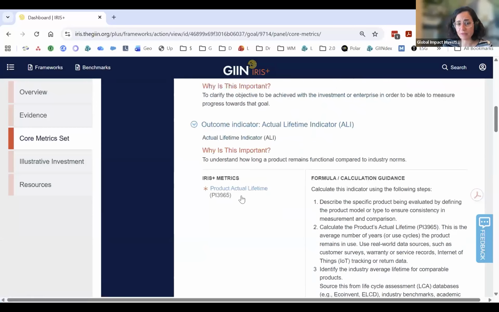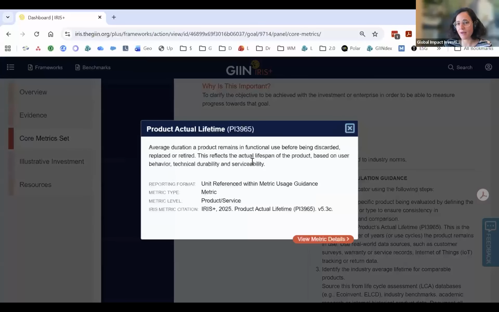So every RS Plus metric, you will be able to click on and initially come to this view, which gives you a very broad view of the metric. Product actual lifetime is the average duration a product remains in functional use before being discarded, replaced, or retired. So this reflects the actual lifespan of the product.